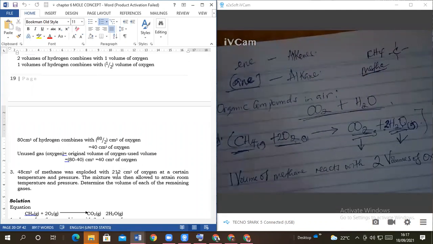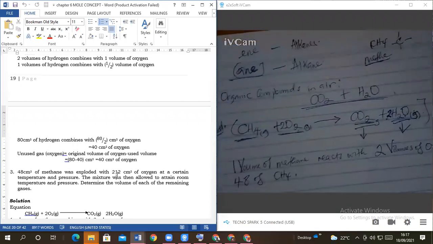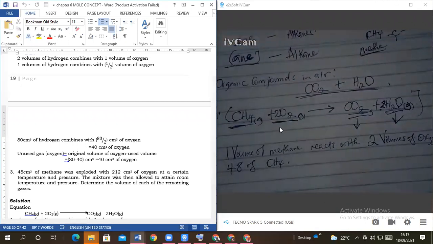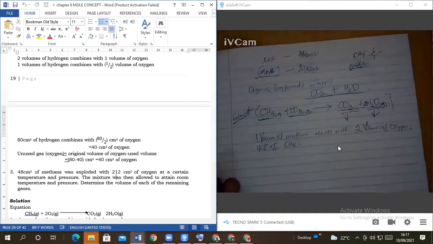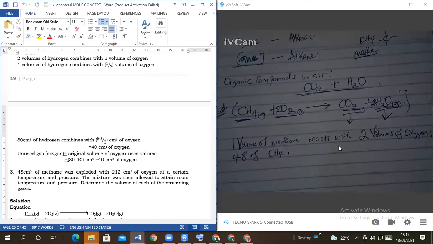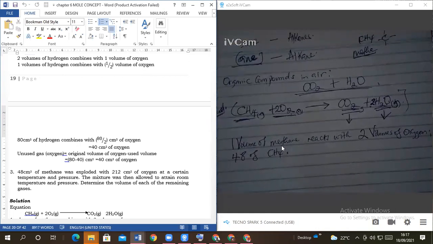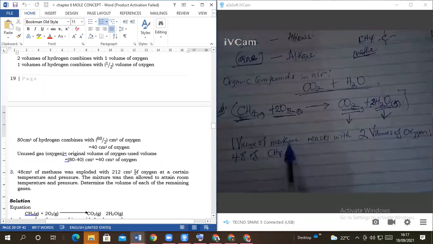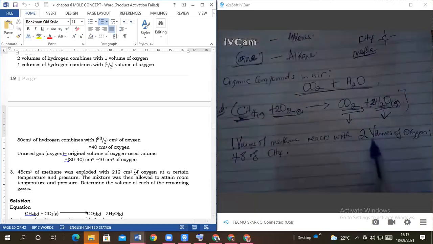Now, the question comes, they have used 48 volumes of methane. Do you see the equation that is there? We are using Gay-Lussac's law. He considered volumes and they react in simple ratios. So from here, 1 volume of methane reacts with 2 volumes of oxygen.